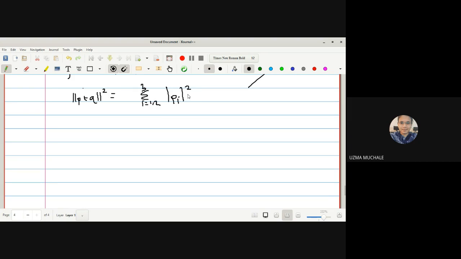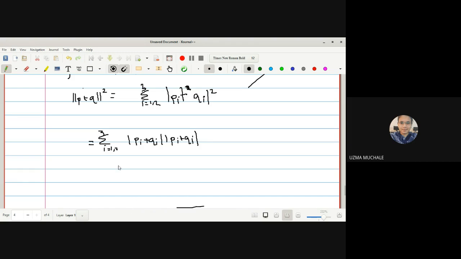Which we can write as summation over i running for 1, 2 and 3 of (Pi plus Qi) into again (Pi plus Qi).